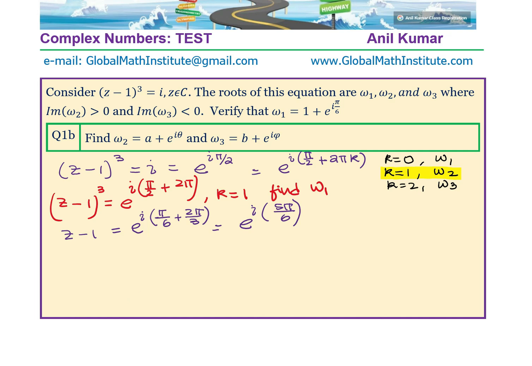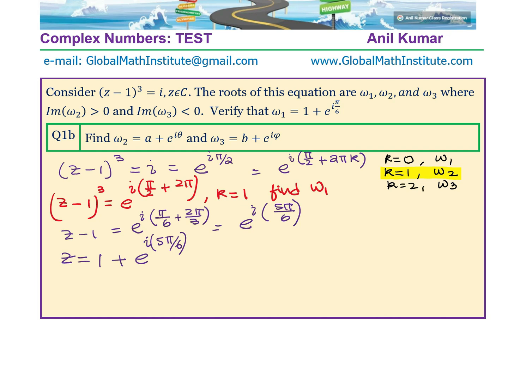Now we have omega 2 as z is this. So the solution will be z equals, taking 1 to the other side, 1 plus e to the power of i 5 pi by 6. You get the whole idea, correct?